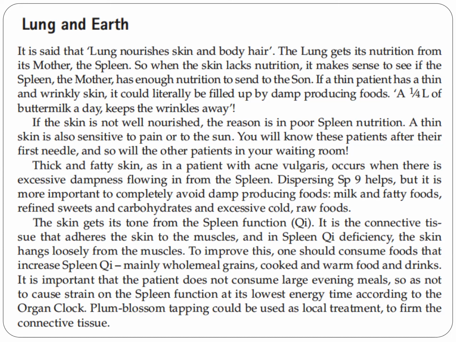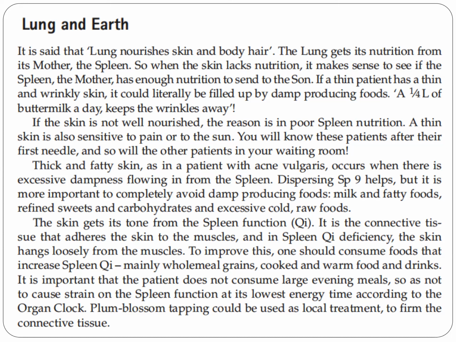The skin gets its tone from the spleen function or chi. It is the connective tissue that adheres the skin to the muscles. And in spleen chi deficiency, the skin hangs loosely from the muscles. To improve this, one should consume foods that increase spleen chi, which are mainly wholemeal grains, cooked and warm food and drinks.